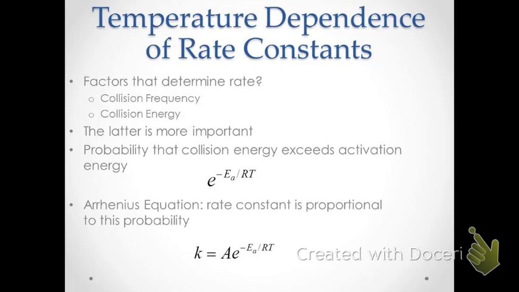Here we have k being the rate constant, and this term A is a pre-exponential factor, and it's generally assumed to be constant, meaning that we're assuming that the pre-exponential factor does not depend on temperature. In fact, sometimes we do see a subtle dependence on temperature in reactions, and we'll talk about how we approach that a little bit later.